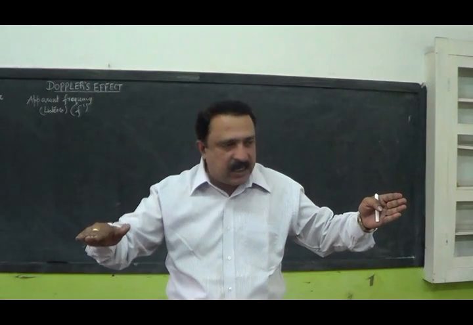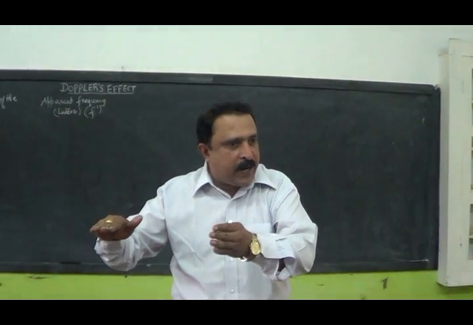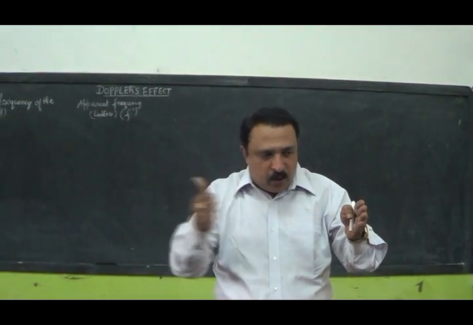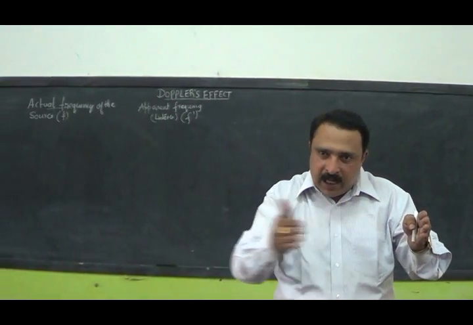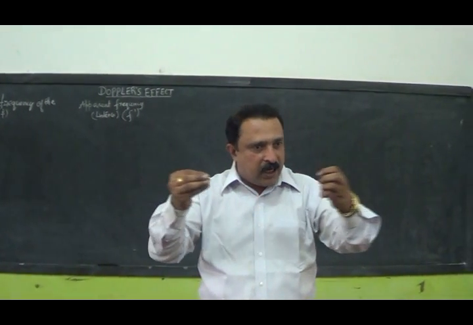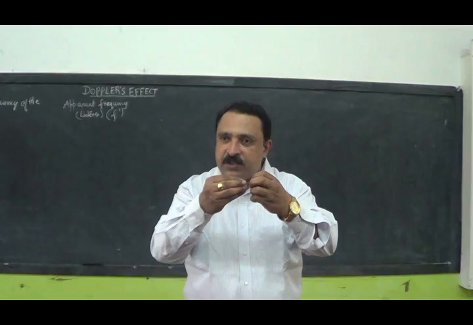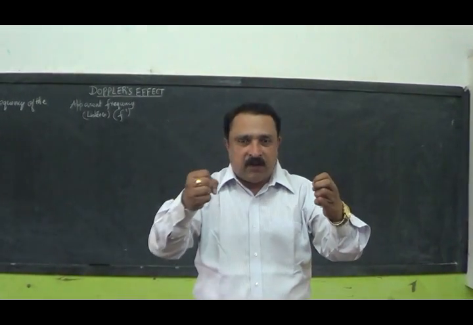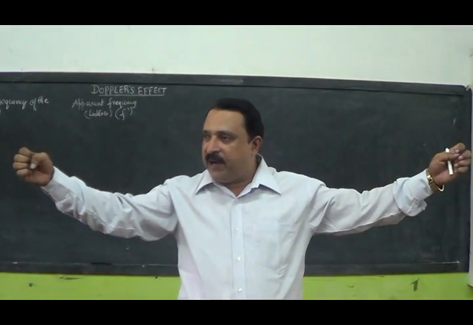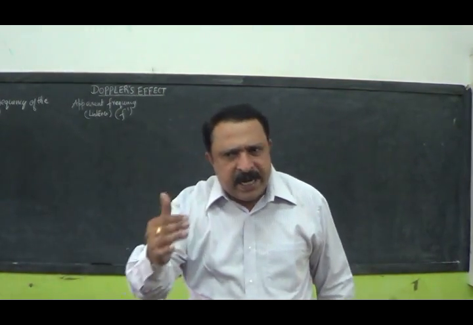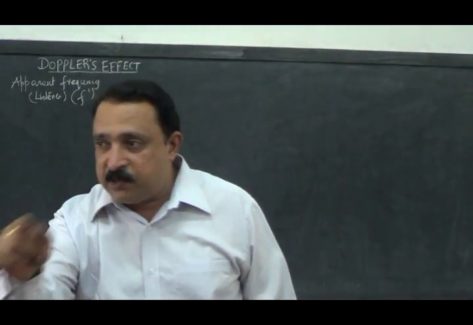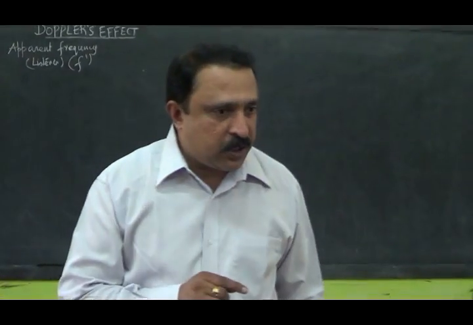We say that the observer is at rest and the source is moving, or the source may be at rest and the observer may be coming towards the source, or going away from the source, or the source and the observer are both in relative motion, both coming towards each other, or both going farther away. So any of these types of motion, the study of motion of one with respect to the other, the source with respect to the listener, is relative motion.